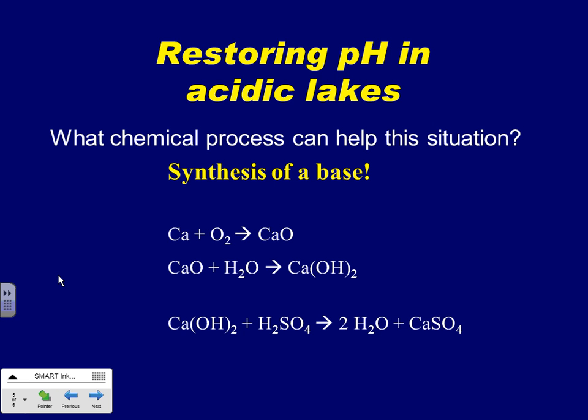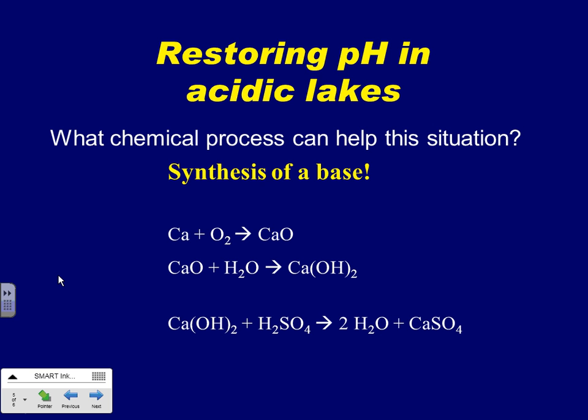Fish were not able to survive in it, and aquatic plants weren't able to survive. And various methods were used to rehabilitate the lake, to bring the life back, to increase the pH, to make it less acidic and more basic. So that means we got to bring the pH numbers up to 7.